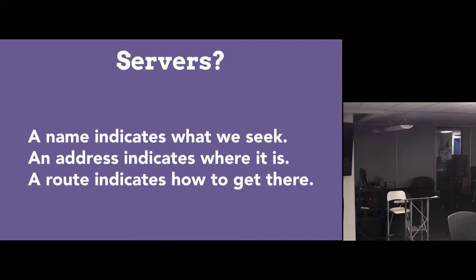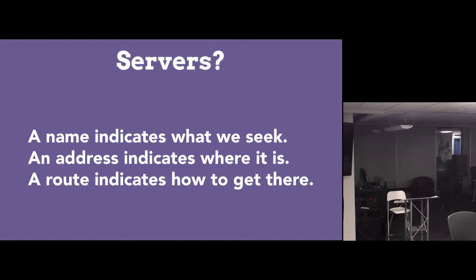So there's this thing called IP, Internet Protocol. In the definition of the IP protocol, they had these three lines to describe how we find these things online, and I thought they were actually pretty nice. A name indicates what we seek. So we can think of lighthouselabs.ca or google.com, anything that you've put into your browser.